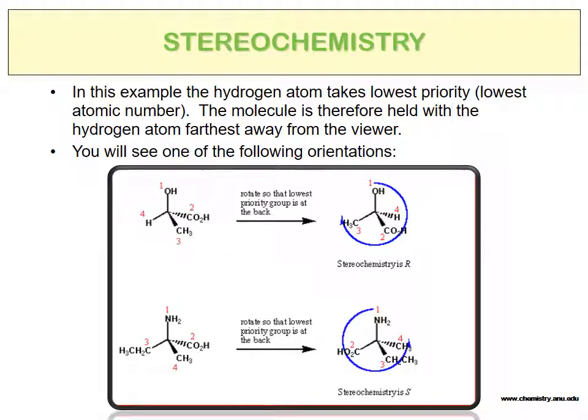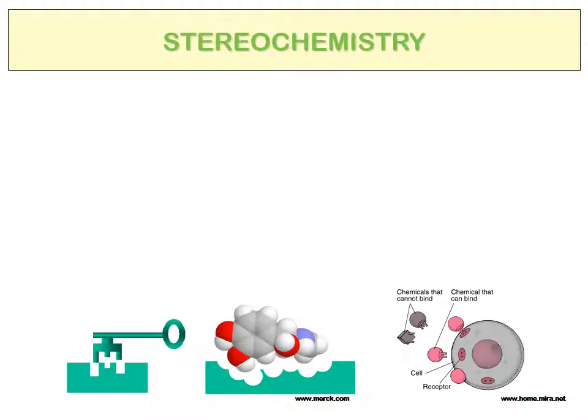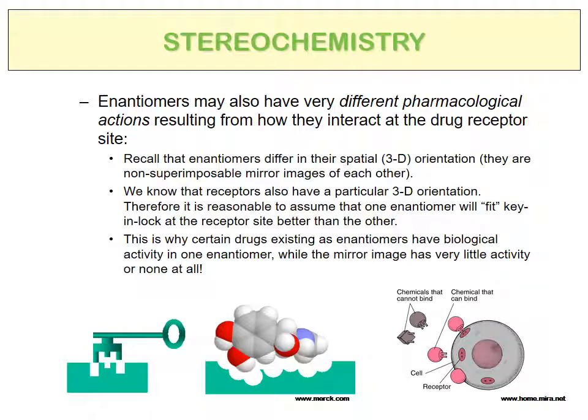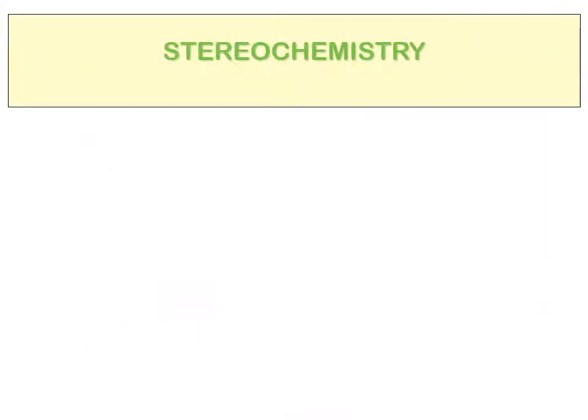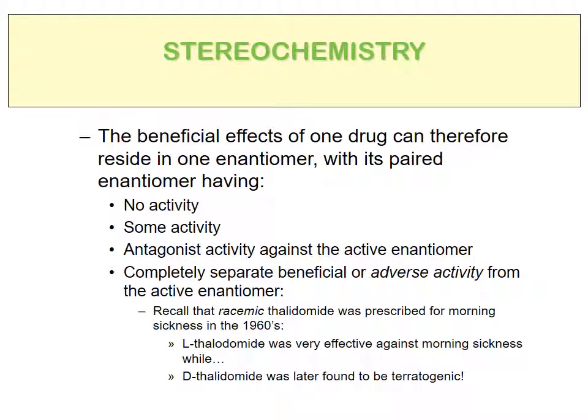Racemic thalidomide was prescribed for morning sickness back in the 60s, but they later discovered that levo-thalidomide was very effective against morning sickness, but the dextro was extremely teratogenic. So they ditched it. But if they could have isolated just the levo, and maybe they could have, I don't know. Maybe they were just too afraid by the time they realized it would have been fine.